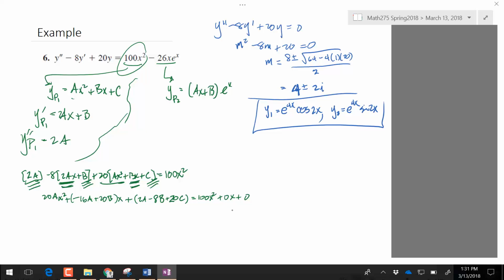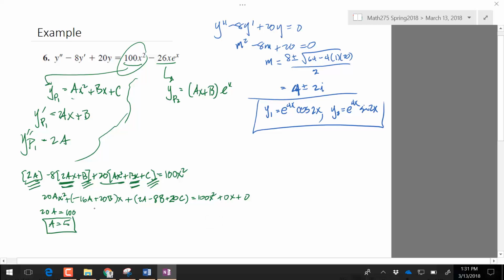Okay, so we have 20a as the coefficient of x squared, 100 is the coefficient of x squared on the other side, so a is equal to 5. Is that right? 5? Put a box around that so we don't lose it.